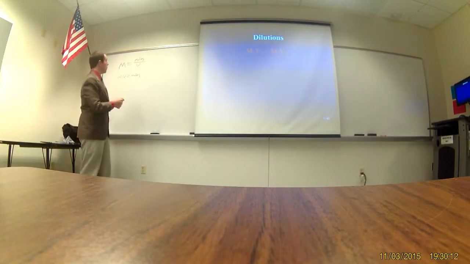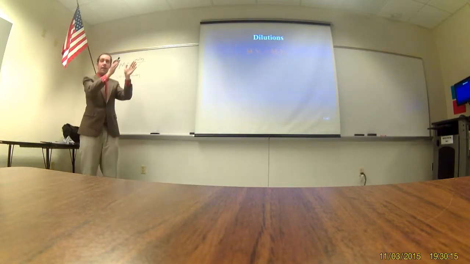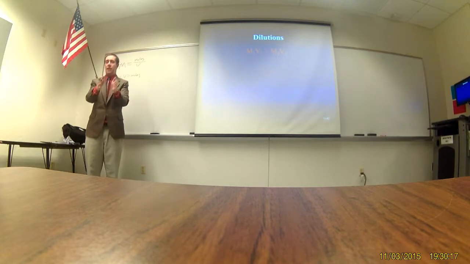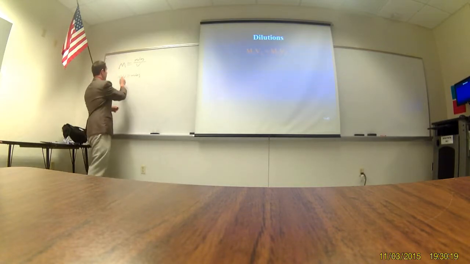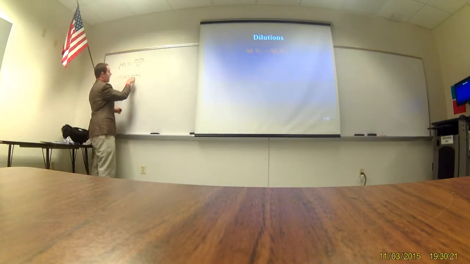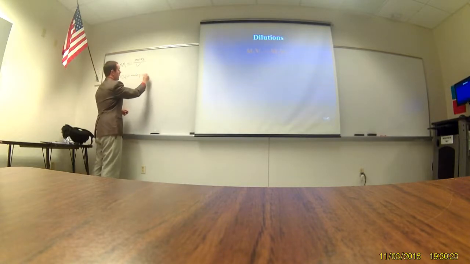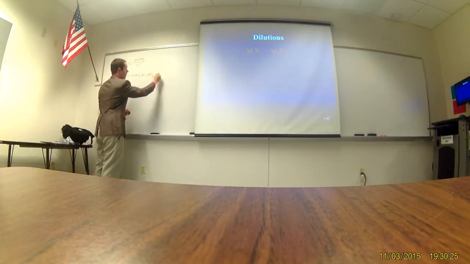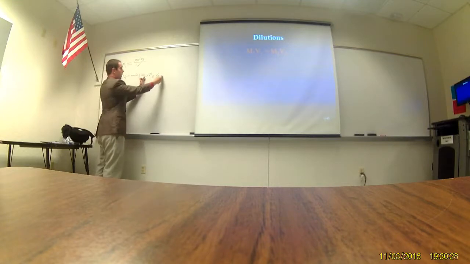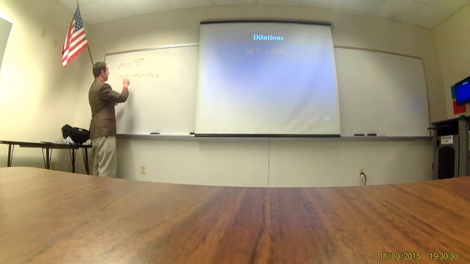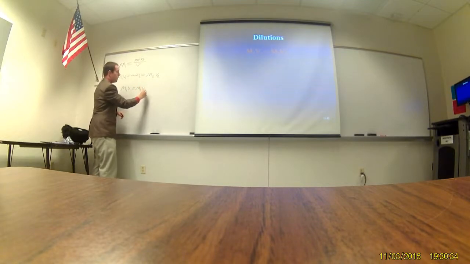So the number of moles that are there to begin with has to equal the moles that we end with. So M1V1 equals the moles that we have, and what we end with has to equal the same number of moles, and so M1V1 equals M2V2.